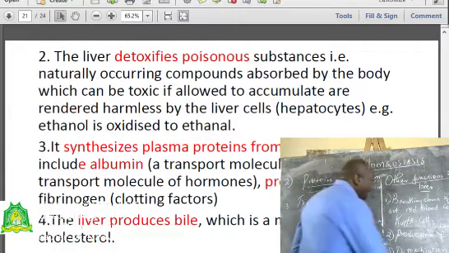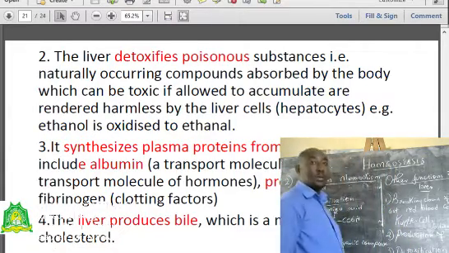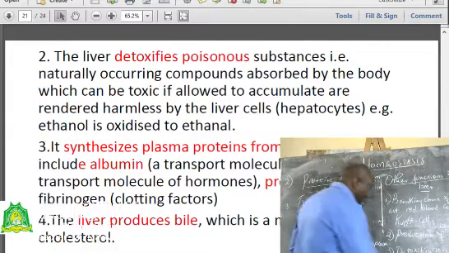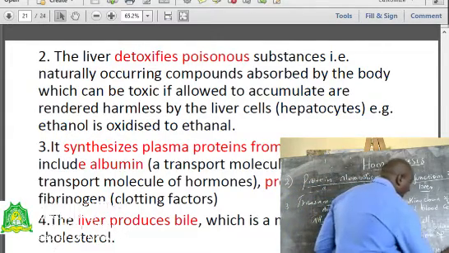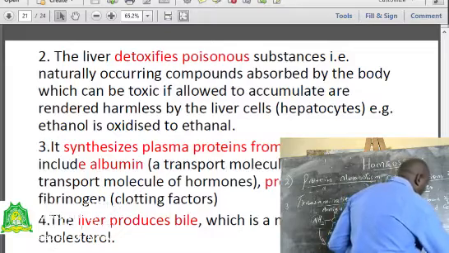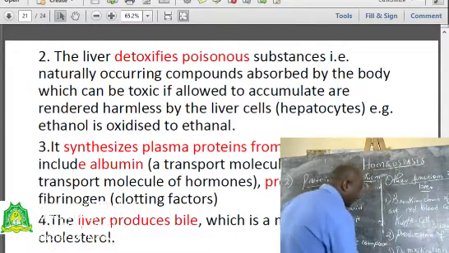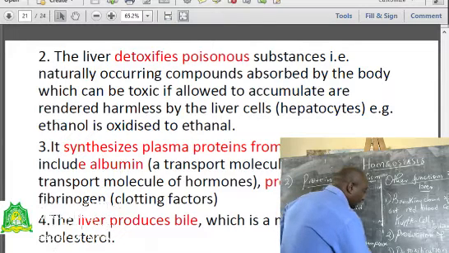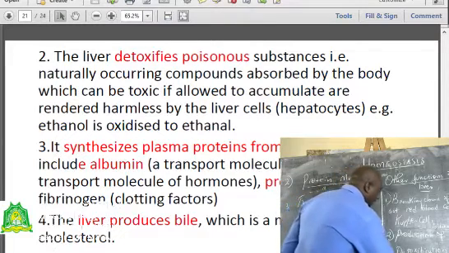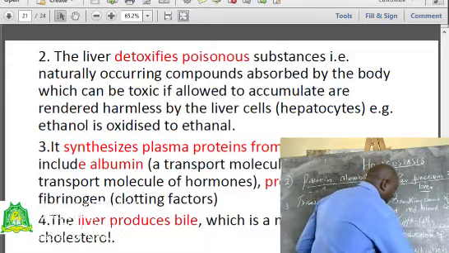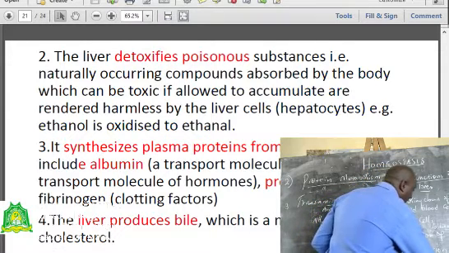The liver has numerous organelles, and one very important one is mitochondria, and most important we have the presence of the smooth endoplasmic reticulum.